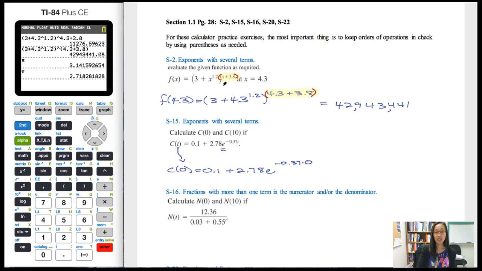Okay? And just like in the previous example, it is so important that you remember to put parentheses around your entire exponent. Because if you don't put parentheses around the exponent, you're not keeping order of operations and you'll get a completely different answer. So let's go ahead and type this into our graphing calculator.